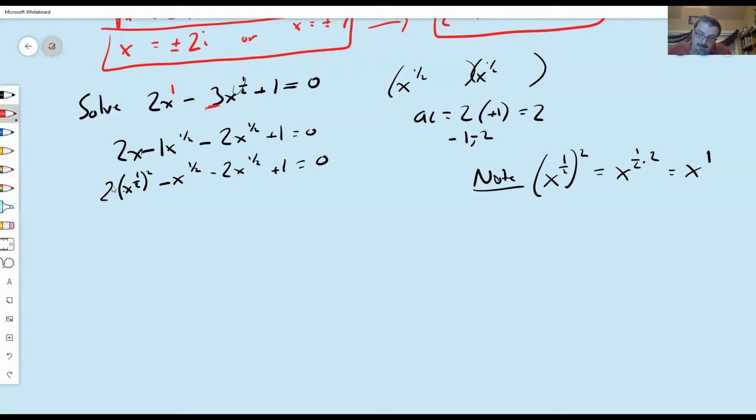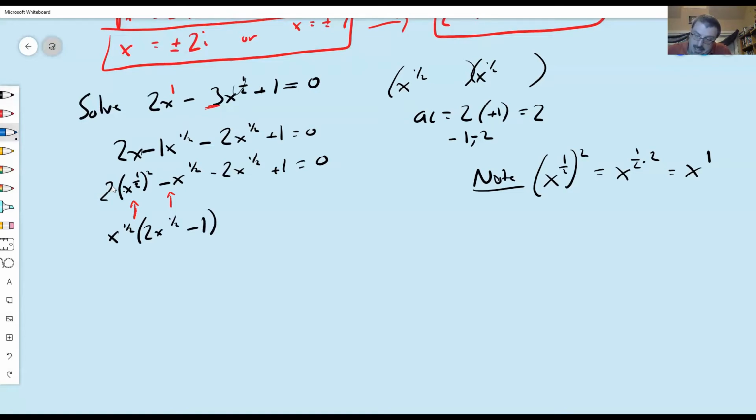Now right here, the common factor between those two is x to the 1/2. This first one here is x to the 1/2 squared, which means I have 2 of them. So I take out a single x to the 1/2. I'm left with 2x to the 1/2 minus 1.